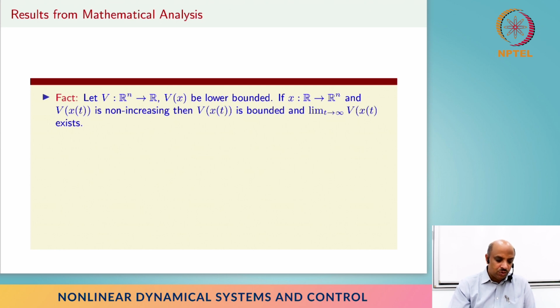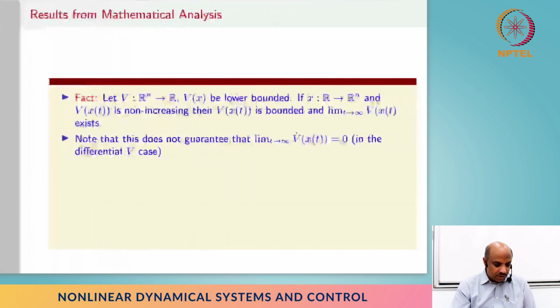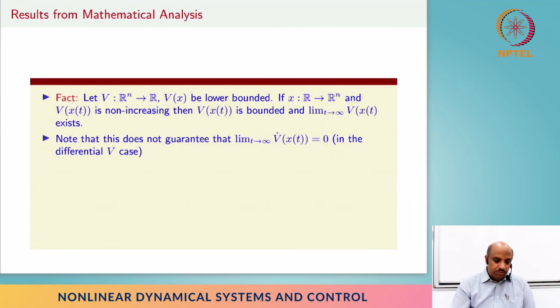Much more, the limit is going to exist. In fact, more generally, if you have a monotonically increasing or decreasing function, or non-increasing or non-decreasing function, and it is bounded, then you don't have a choice but to reach some limit. Let's keep that in mind. But just because V goes to a limit does not guarantee that the limit of V dot as t tends to infinity is 0. Let's look at a picture of this particular thing.